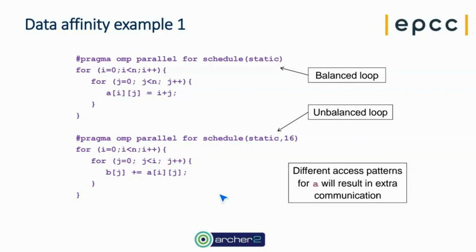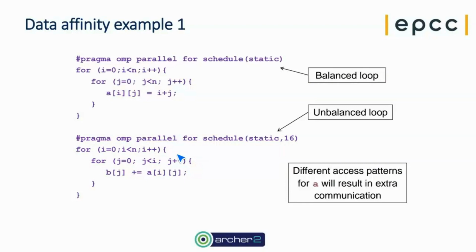Okay, so here's an example where things might go wrong with data affinity. What we've got here is two sets of loops, and both of them are parallelized with an OpenMP parallel for directive. I want to focus on the second loop first.